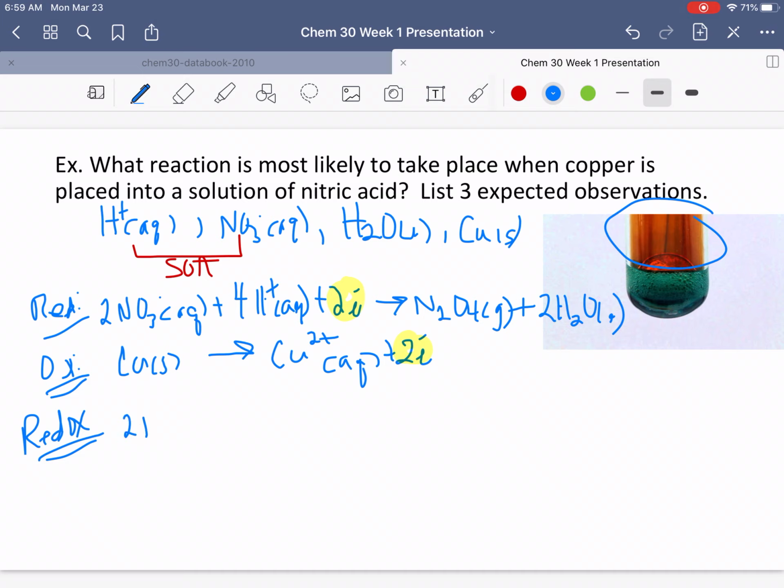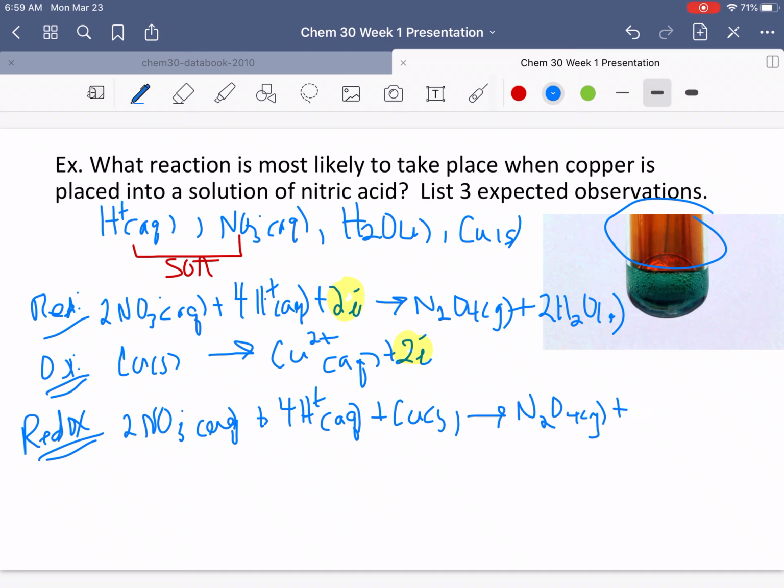So 2 NO3- aqueous plus our 4 H+ aqueous plus copper solid produces that N2O4 gas plus 2 waters liquid plus copper 2+ aqueous.